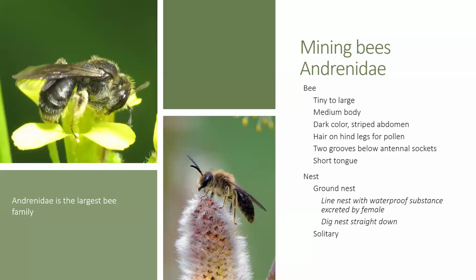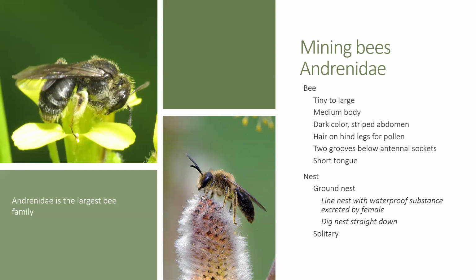So our first solitary bees that we are going to talk about are the mining bees. These are in the family Andrenidae, and this is the largest bee family. These bees can be anywhere from tiny to large in size. You're going to see on my slides whether a bee has a small, medium, or large body.